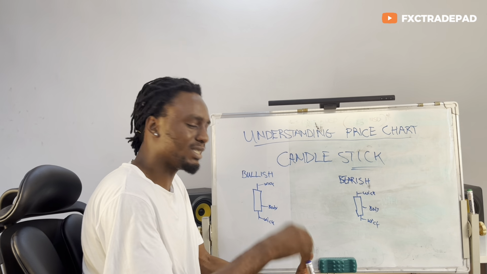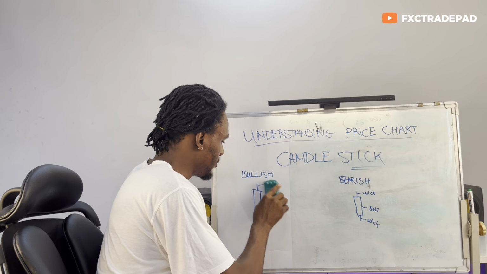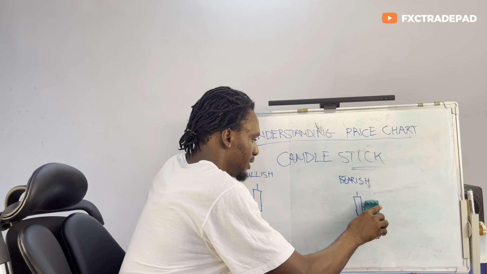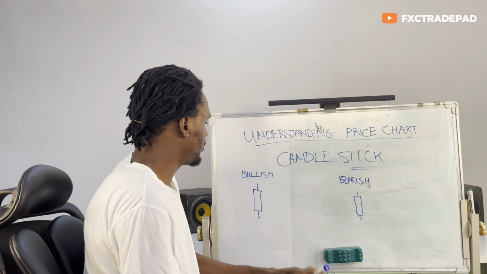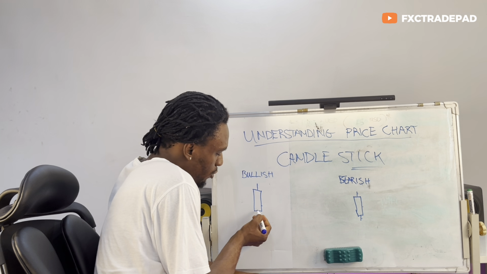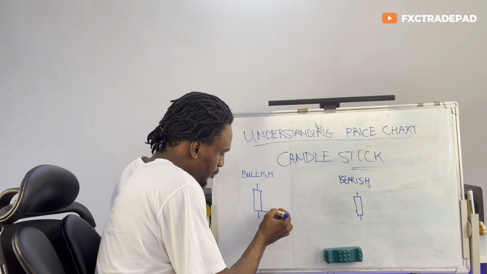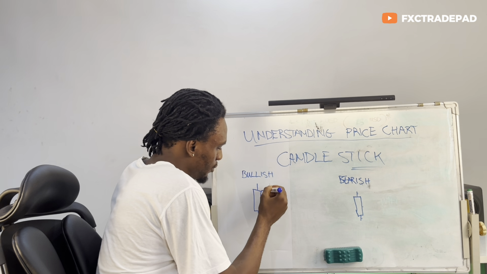Now let's get to the deeper explanation of what's actually going on here so that you'll be able to differentiate the bullish candle and the bearish candle. So on the bullish candle, price opens from below. Price opens from the low. So this is where it opens, and price closes at the top.